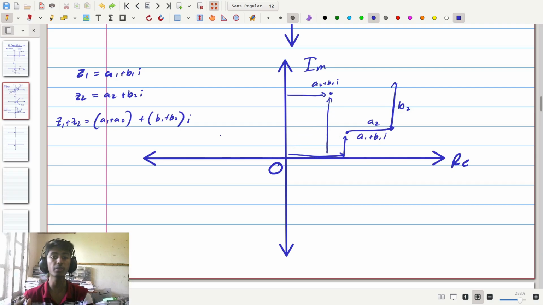So by this we can see when you add two complex numbers together, you're basically thinking of these two complex numbers as two different vectors and adding one of their ends to the other one's tip and then making a single vector from them, and that vector corresponds to the sum of the two complex numbers.